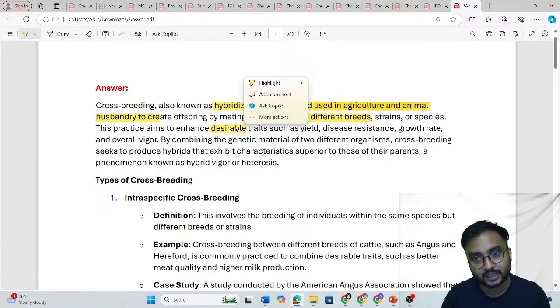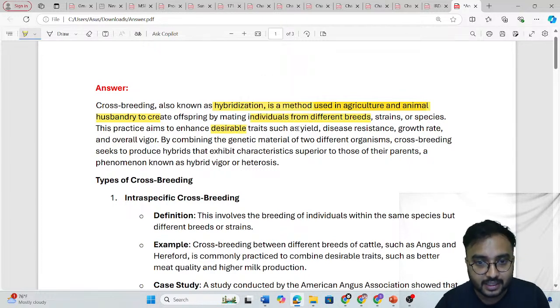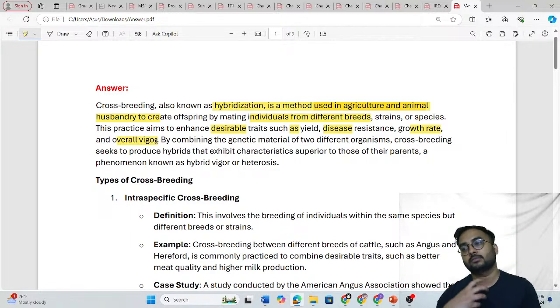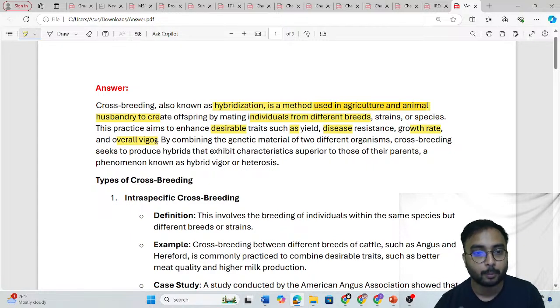If these two breeds are brought together and mated, the characters, genetic makeup and physical appearance of both, being different, will be brought into the young ones. The young cattle that are born will have the desirable traits of both. These traits could be yield, meaning productivity in terms of meat, milk and physical activity; disease resistance; growth rate, meaning in how many months it grows; and overall vigor, meaning its overall potential to be productive.